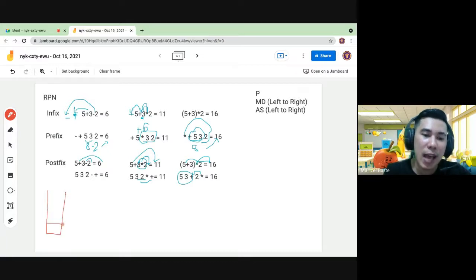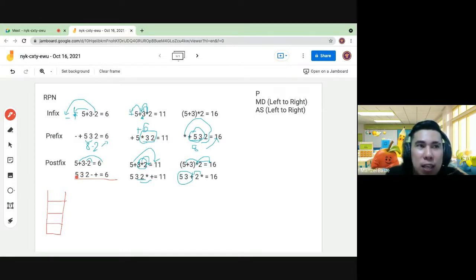So, you have the stack. Okay? So, you'll need to read the elements of your postfix. Once you recognize that the element being read is an operand, it must be inserted or pushed to the stack.